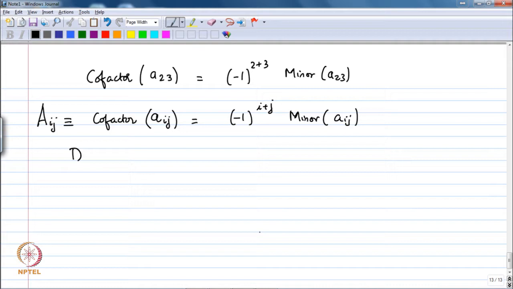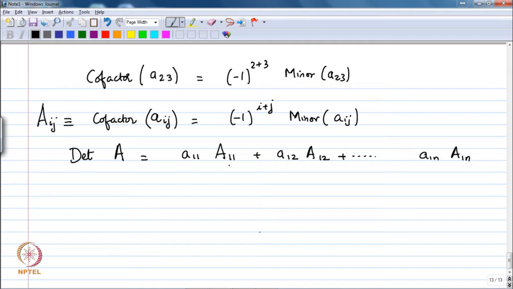The cofactors are very useful because I can write the determinant of A as A11 times the cofactor of A11 plus A12 times the cofactor of A12 plus so on, A1n times the cofactor of A1n.